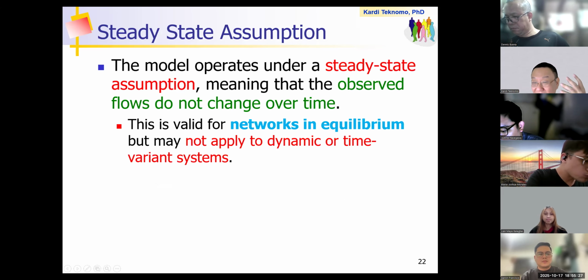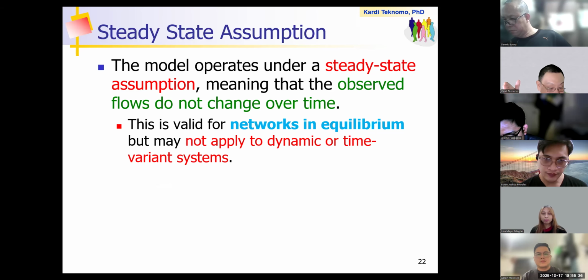The steady state assumption says that I observe the flow does not change over time, meaning the network is actually in equilibrium. This is not applicable for a time-variant system, of course.